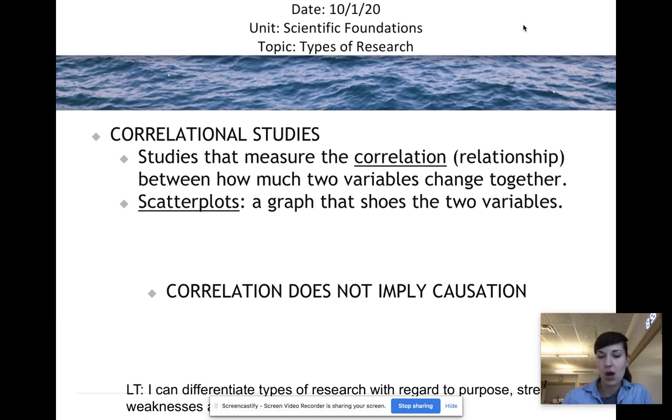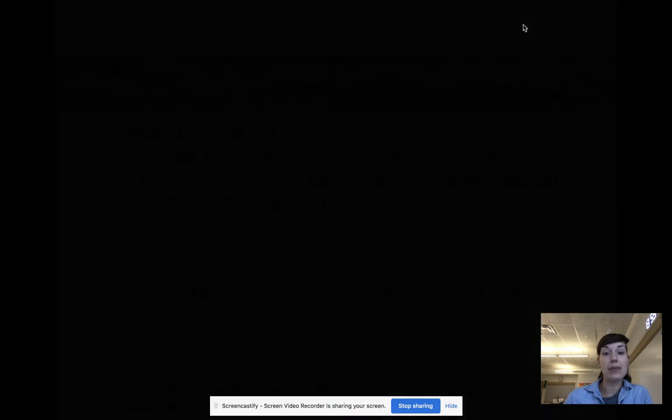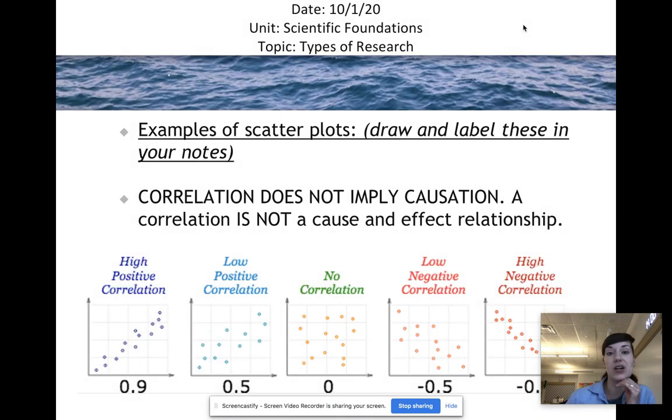Okay? All right, so you're going to need to copy these down because you're going to be tested on this. This is a really important way to read data, and we're going to be looking at a lot of these through the year. Okay, so these are some examples of correlations. You might see something like this that looks like a pretty strong diagonal, and if it's going up, that's a positive correlation.